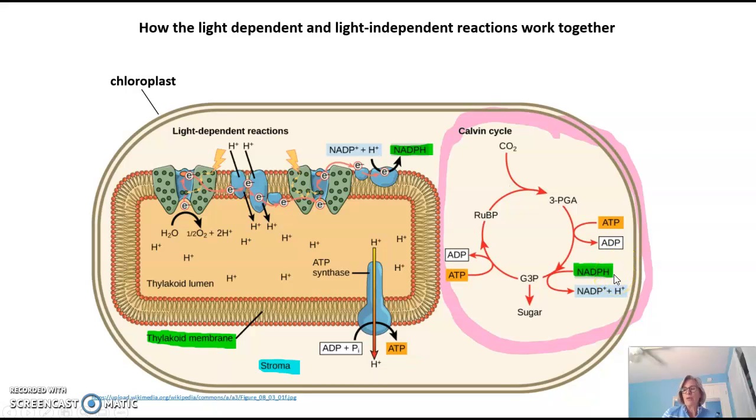The Calvin cycle also uses the ATP that was produced by the hydrogen gradient in several reactions. The NADPH is produced in the stroma, the ATP is produced in the stroma, and the Calvin cycle is in the stroma. So there's no transport necessary for the electrons or the ATP.